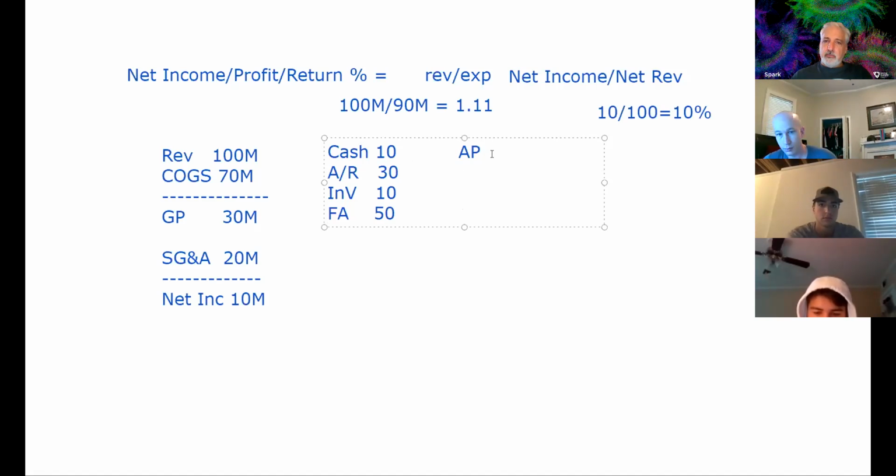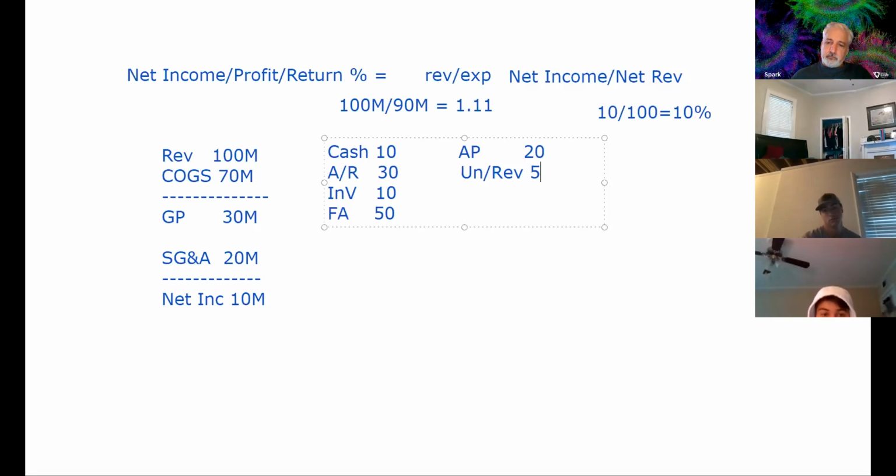And I've got accounts payable. Let's make that 25 million. Let's go unearned revenue. Make that 5 million and make that 20 just to make our numbers. I'm trying to get some easy numbers we can do in our head without doing a calculator.